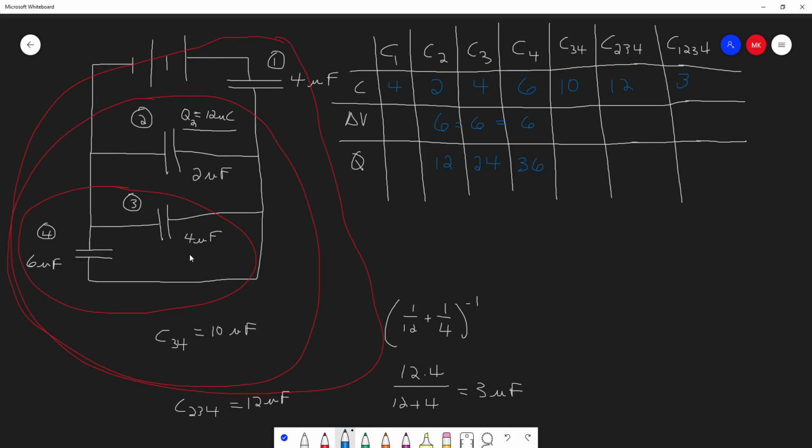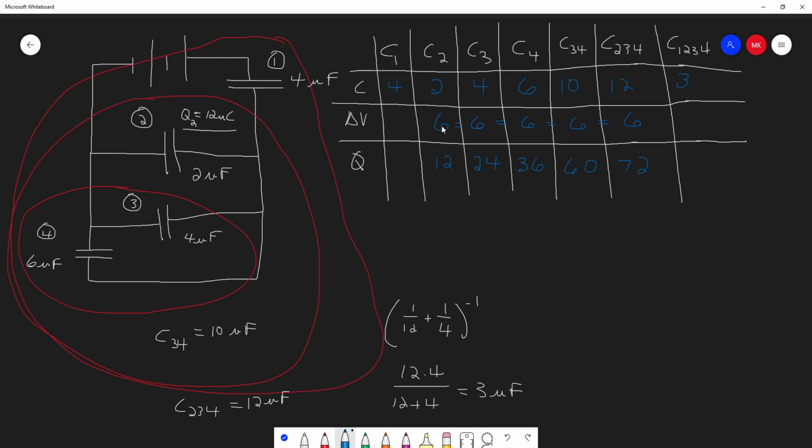And now what do I know? I know that 2 and 3 and 4 are in parallel. So now I can start looking at these equivalent capacitors. C3,4's combination is in parallel, so the voltage is the same, 6. 2,3,4 again in parallel, 6. And I can find these charges, 60, 72.